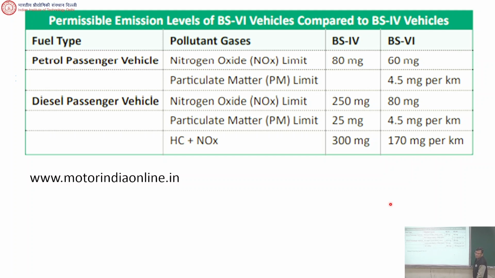So in the last 5 years or so it's been around. Here you can see, for example, BS4 didn't have anything on the particulate matter. Whereas BS6 specifies that you can do only this much of particulate emission. So this is for petrol vehicle, this is for diesel passenger vehicle.